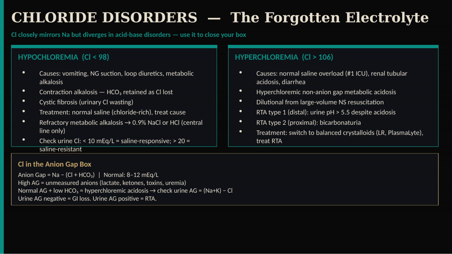If it's negative, the kidney is appropriately excreting acid, so the loss is from the gut, like diarrhea. If it's positive, the kidney is failing to excrete acid. That's a renal tubular acidosis. So chloride, the electrolyte everyone ignores, ends up being the one that closes the acid-base box.